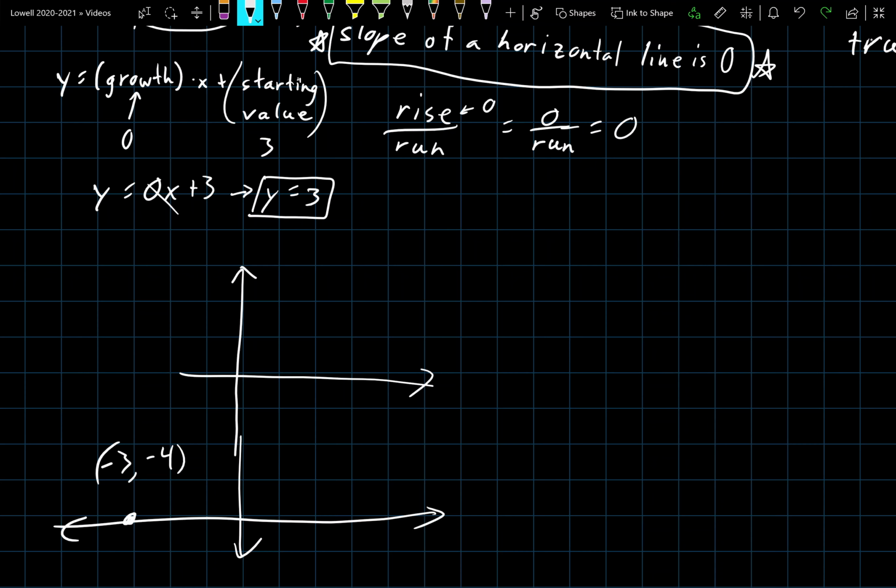If it's horizontal, which it sure looks like, I would say the equation is y equals 0x plus negative 4, because my starting value right here would be at (0, -4). And so my equation, once I clean up this part, is simply y equals negative 4.